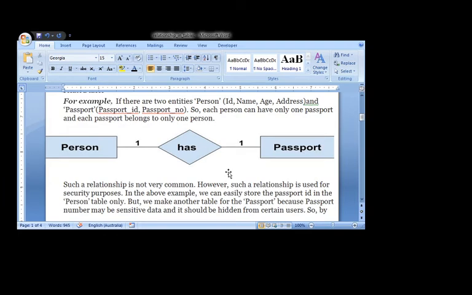Such a relationship is not very common. However, such relationship is used for security purposes. In the above example, we can easily store the passport ID in the person table only. We can make another table for the passport because passport number may be sensitive data and it should be hidden from certain users.